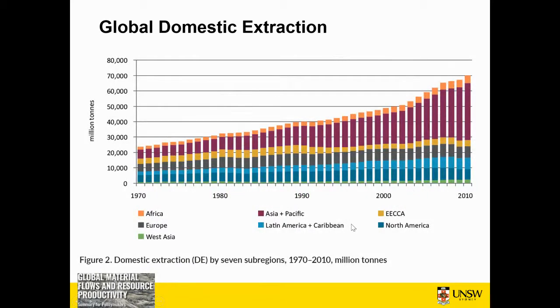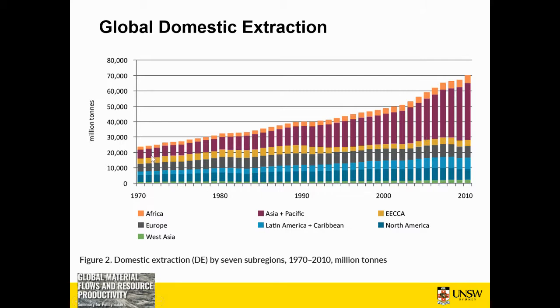Here is now the aggregate of all those materials, but looking at different regions of the world. What we see is a massive increase in the Asia Pacific, clearly explained by the economic growth and the industrialization of China, of course, and other countries as well, like Taiwan and Indonesia.